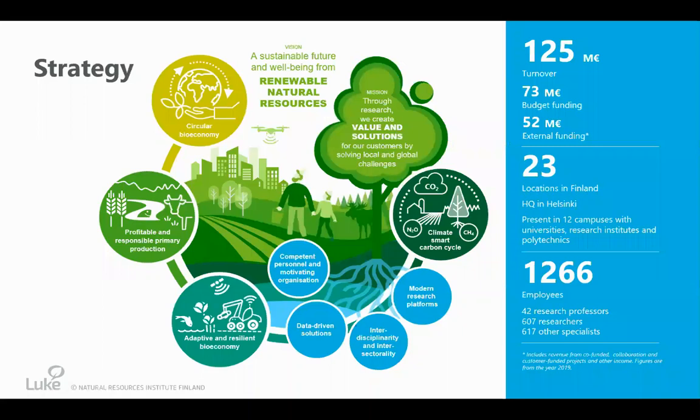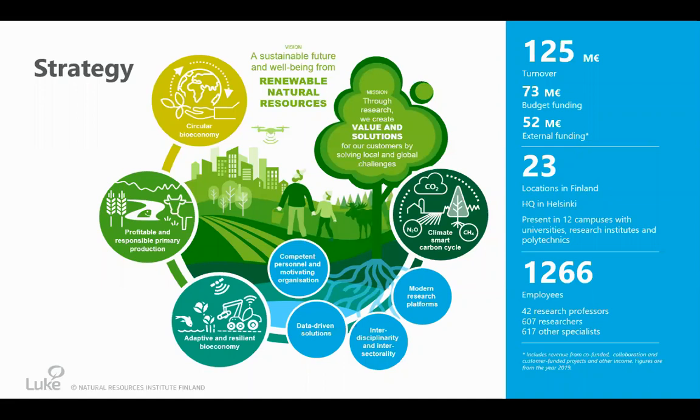And the next slide will give you a little bit of an idea about more closely what kind of topics we work on. This is Luke's brand new strategy put into one graph. And well, first of all, our vision for the future is a sustainable future and well-being from renewable natural resources. So there the renewable natural resources are shown again, but these different colored circles give the main titles that we work on.